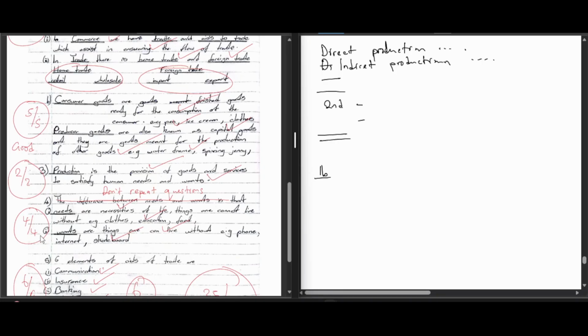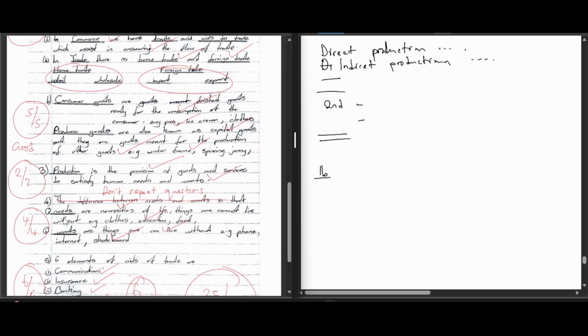Then for your number 4, you did well also, except for this part of repeating the question. The question was to give examples, stating the difference between needs and wants. So you wrote that the difference between needs and wants is that, no. That's repeating the question. So no cost on your time.